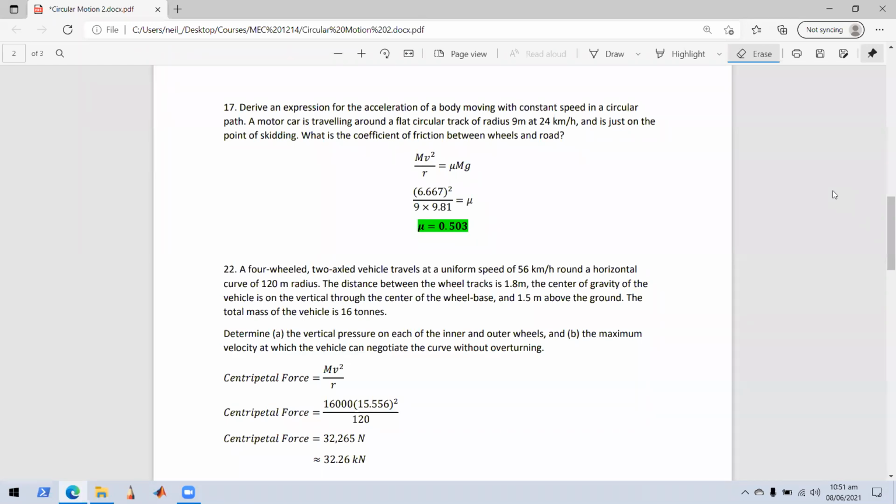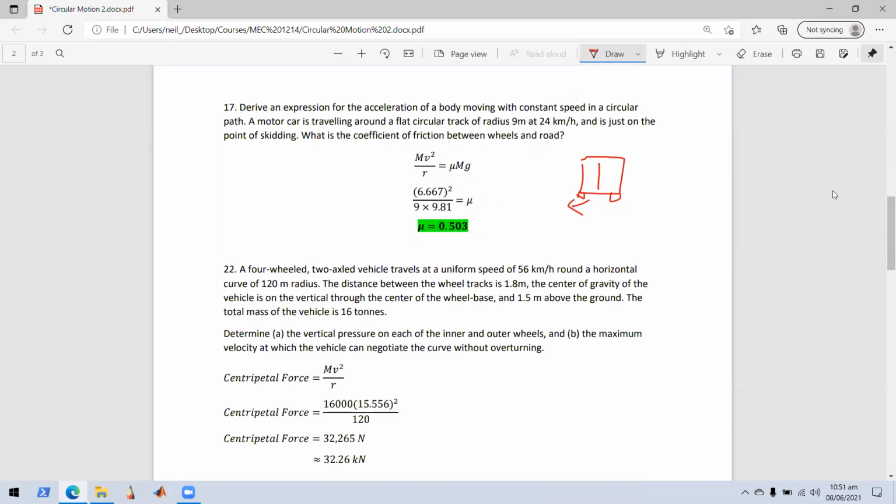If it's just on the point of skidding, what that means is that the centripetal force and the force that comes about from the weight of the vehicle being pressed down onto the road, based on a particular coefficient of friction, that frictional force is just about that centripetal force, right?